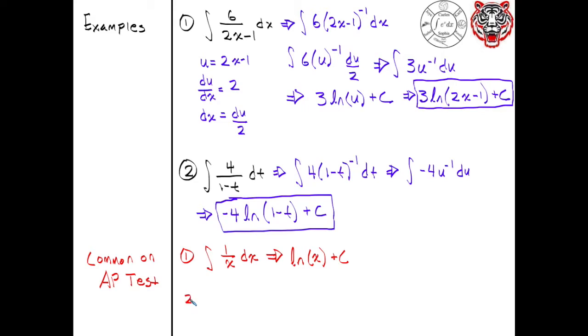The other thing that you need to memorize is anything that looks different, if it's a t or a b or a q. So 1 over, let's just do a t dt. That's going to turn into natural log of t plus c. These 2 things, you just need to memorize them. So we'll make a note here, memorize these things.